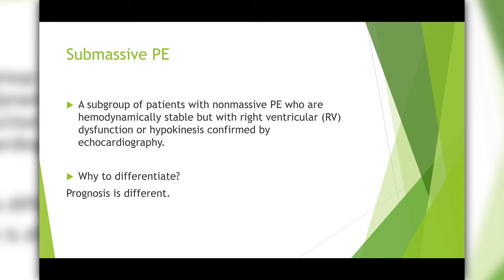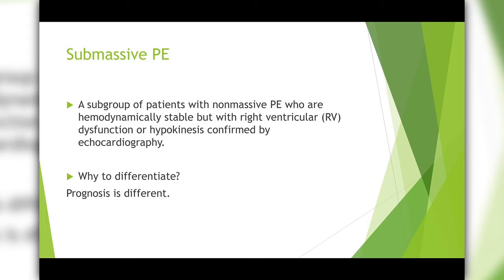Submassive PE. Submassive PE is characterized by a subgroup of patients with non-massive PE who are hemodynamically stable but have right ventricular dysfunction or hypokinesis, which is confirmed by echocardiography. Why do we need to differentiate these two conditions?